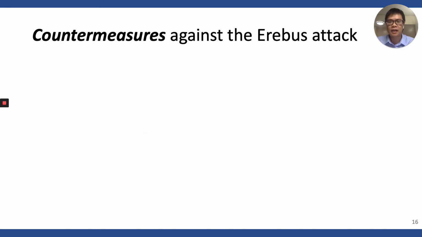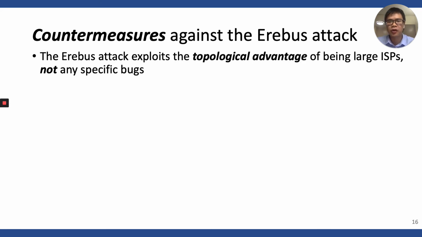Now, we discuss the countermeasures against the Erebus attacks. First, we note that the Erebus attack exploits no software bugs, but only the topological advantage of being the last ISP, including stably being the man in the middle of a large number of IP addresses for several weeks. Hence, the Erebus attack is hard to counter.